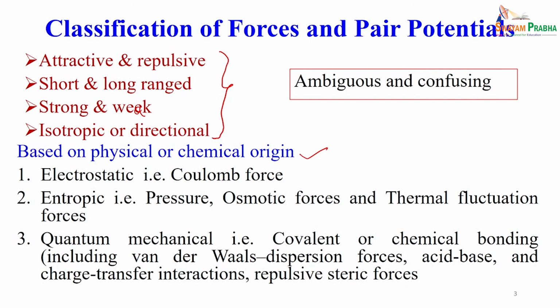And the third category is the quantum mechanical, and quantum mechanical origin includes covalent or chemical bonding, van der Waals interactions, dispersion forces, acid base, charge transfer interaction, and the repulsive steric forces. So, we will see a few examples from each category: electrostatic, entropic and quantum mechanical forces.